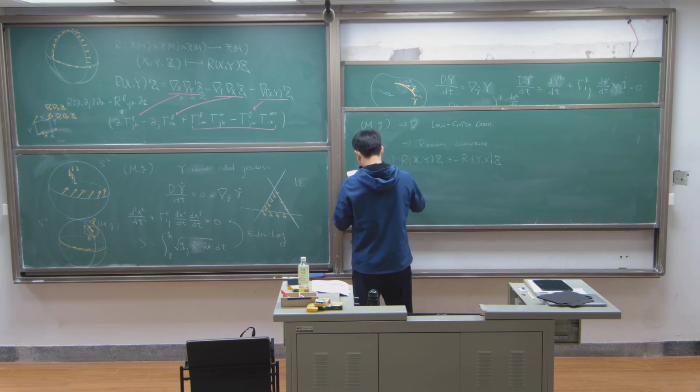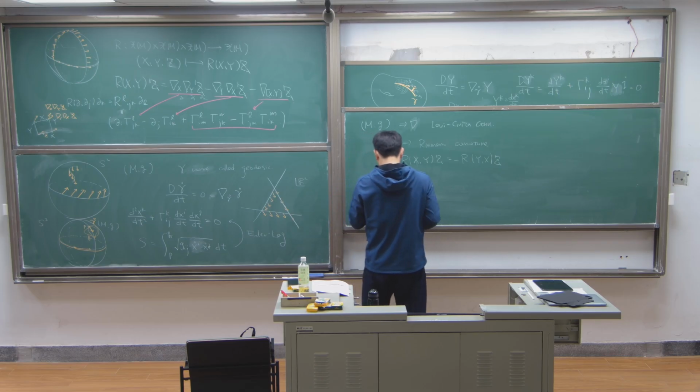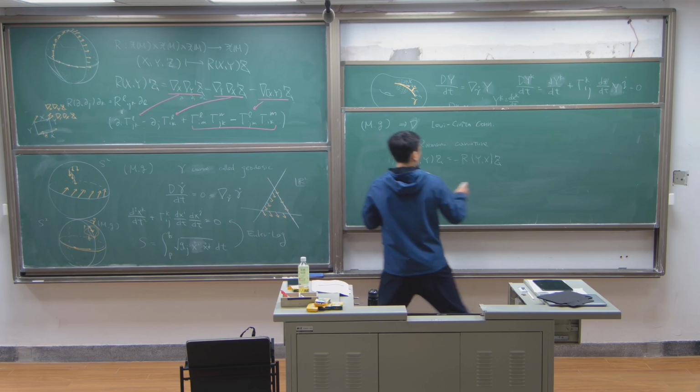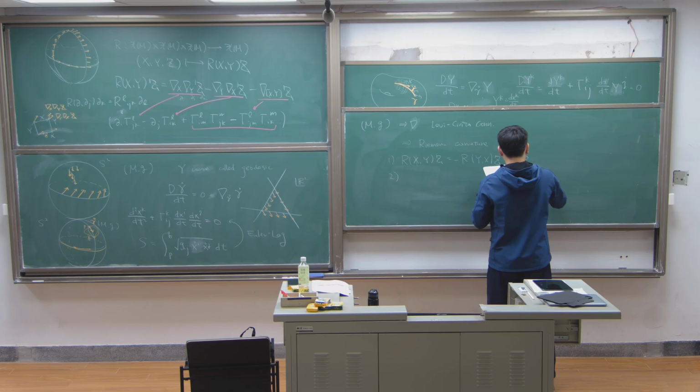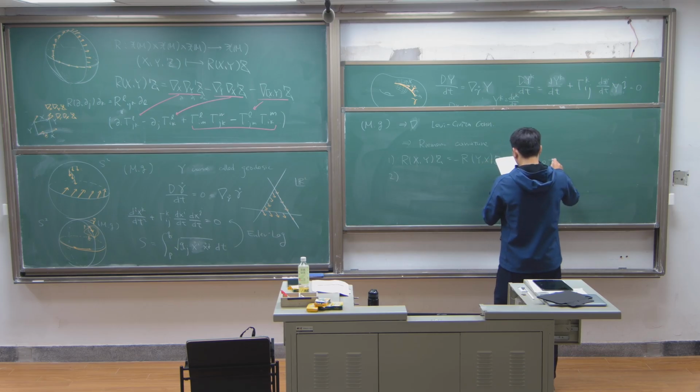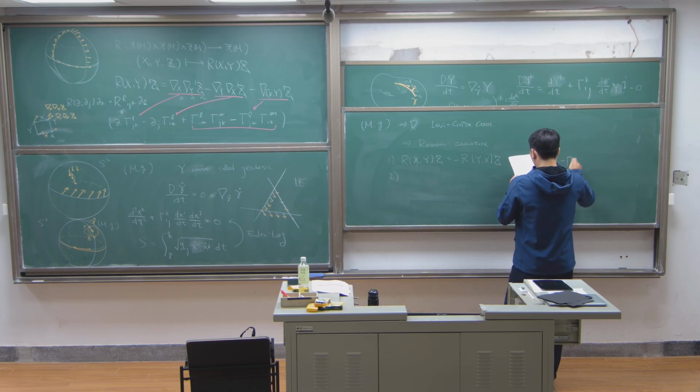This is obvious. And then the other, the antisymmetry, is R_IJKL equals minus R_IJLK.